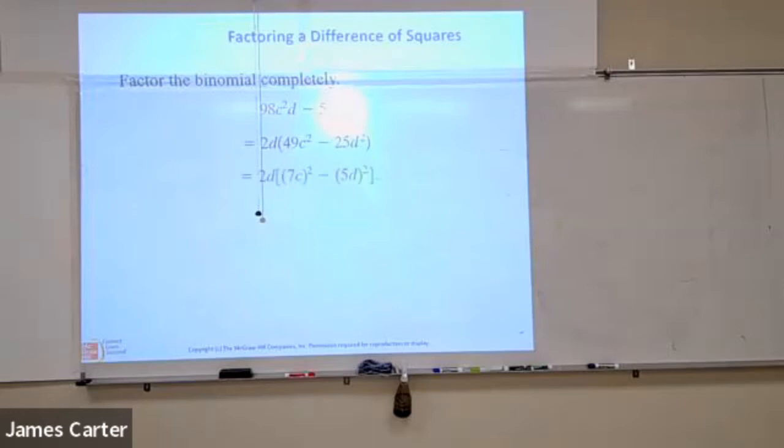So then we can take that parentheses and break it down into 7C minus 5D and 7C plus 5D, which I said just backwards to the order they've got them here. And then you've got the 2D out front. And that's as far as you can go.